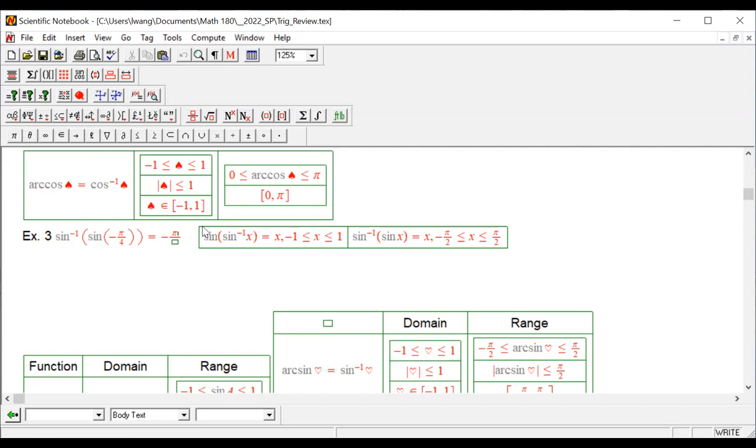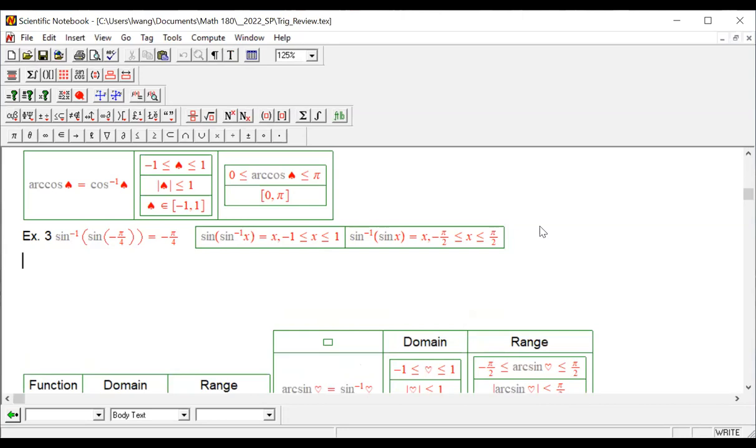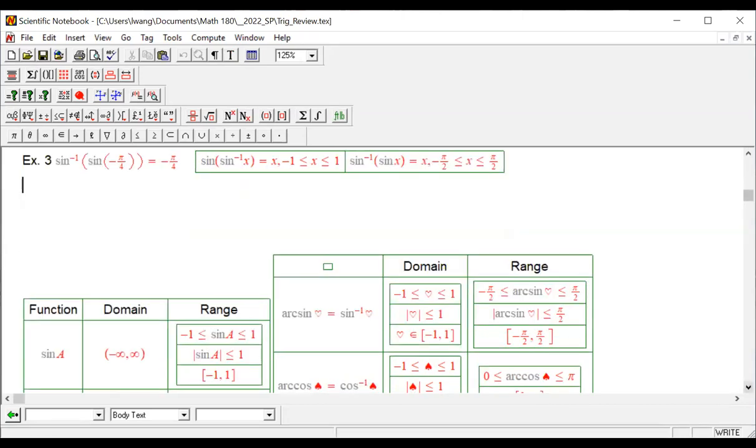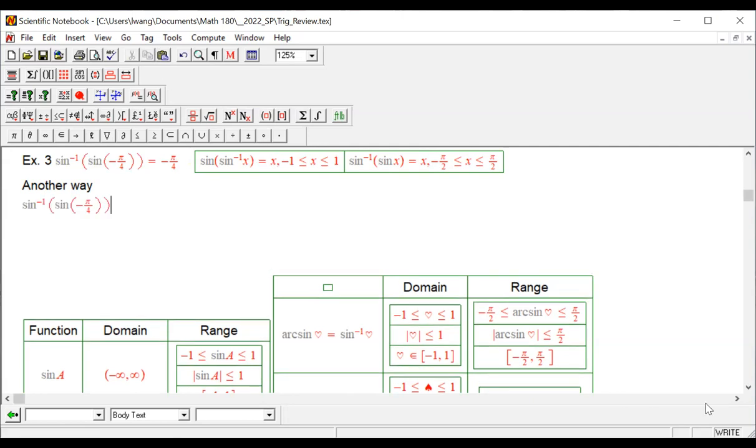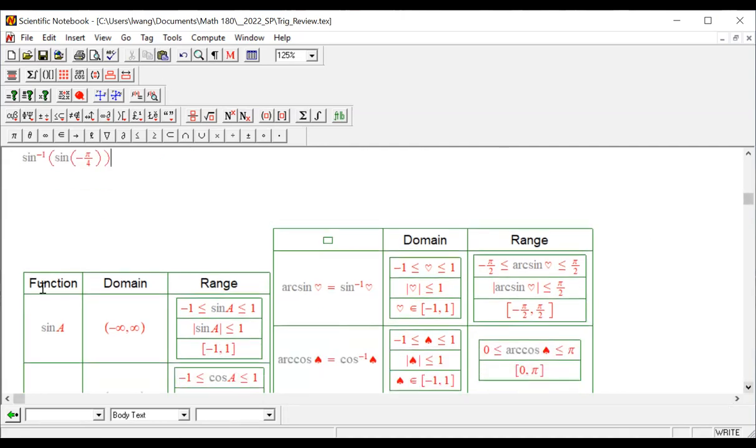And what if you don't remember the shortcut? No big deal. So that was applying the shortcut. Another way, if you don't remember the shortcut, no problem at all. We do it from inside out. How do we do it from inside out?